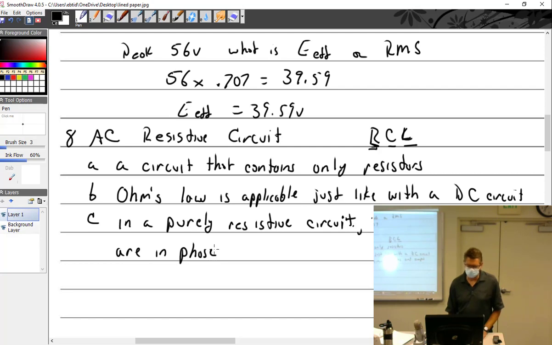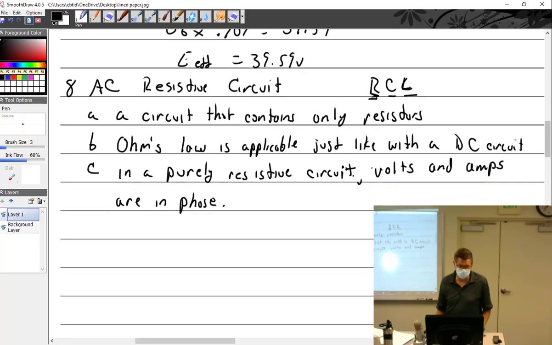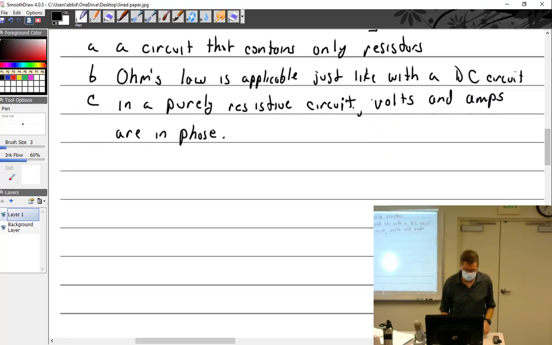And you remember what we talked about yesterday, that means that as the voltage goes up, the amps follow it. So it's kind of a lockstep. When one hits zero, the other hits zero. When one peaks, the other peaks. So they are in phase. That's a good thing. We want that.